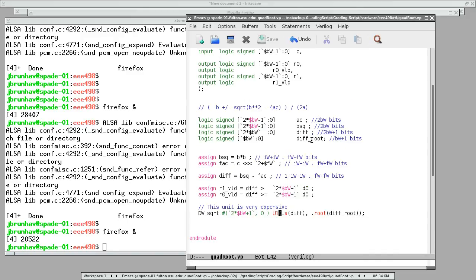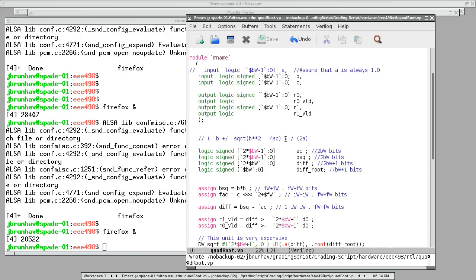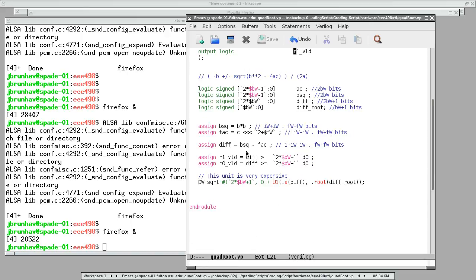Oh, great. So that answered the question. So we have our 0 valid, we have our 1 valid defined. Great. So the last thing to do is we need to do the opposite: minus b plus the diff root, and minus b minus diff root.